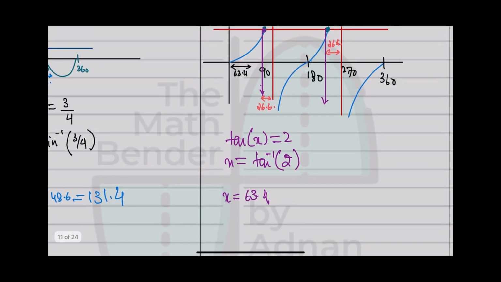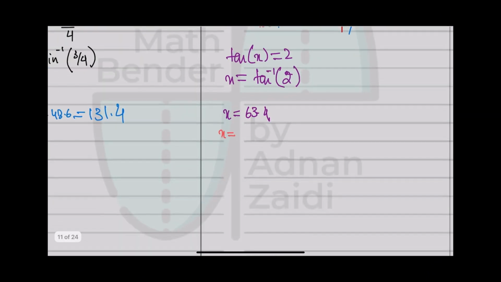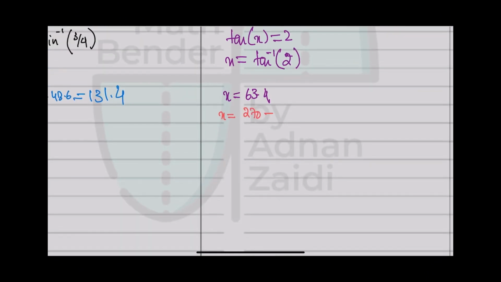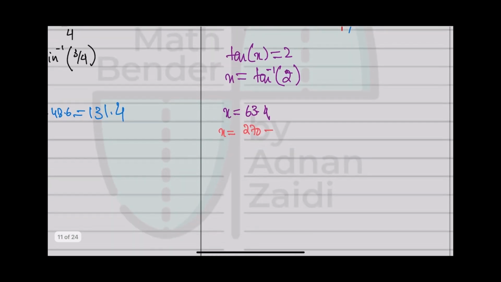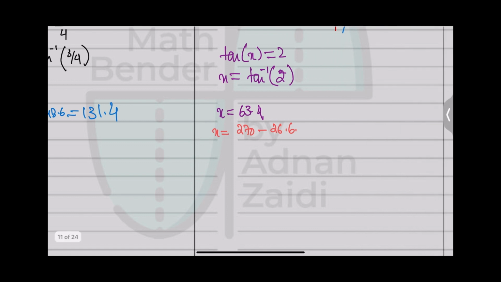So the first root is 63.4. The second is x equals 270 minus 26.6, which is going to be 243.4.